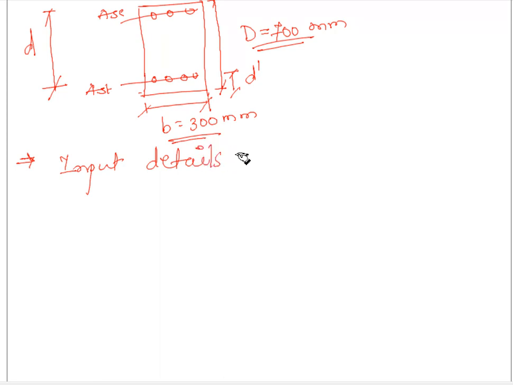If something is missing, then we need to assume that property. So we have overall depth as 700 mm.